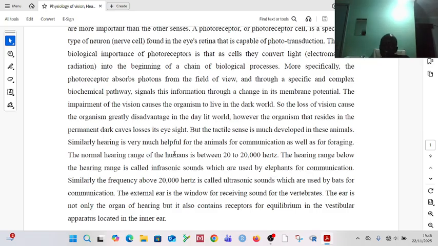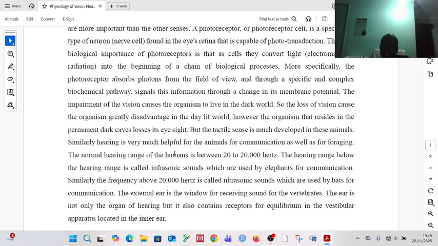So anything that is lower than 20 hertz, we call that type of sound infrasonic. It is lower than the normal hearing range for humans. But if it is higher than 20,000, more than the normal hearing range, then we call such a sound ultrasonic.